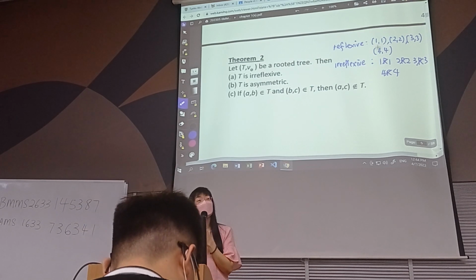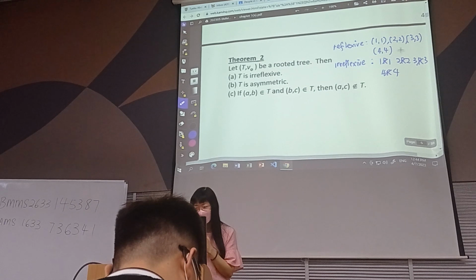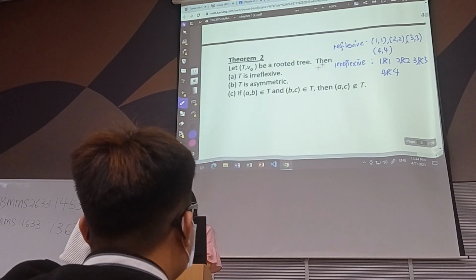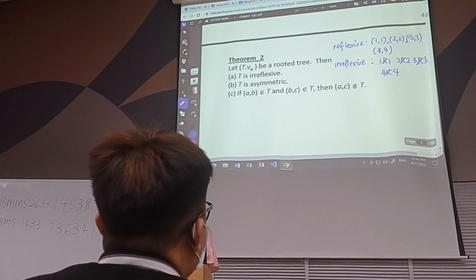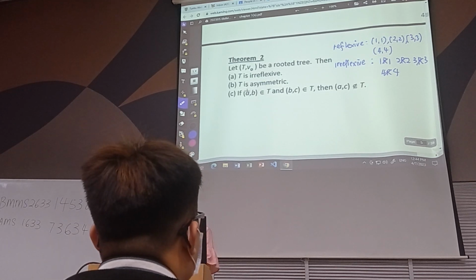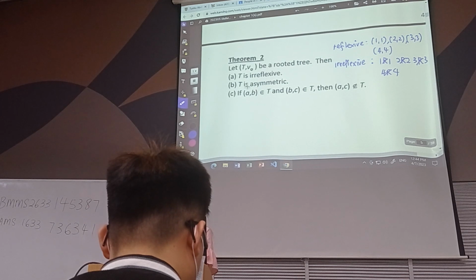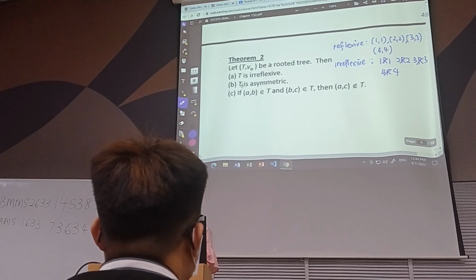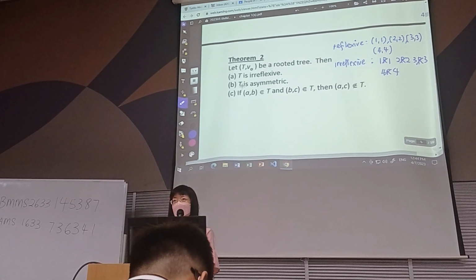Can it have a reflexive relation or not? Cannot. So for the asymmetric here, it cannot take 1, 1, 2, 2, 3, 3, 4, 4, and also cannot be a two-way relation. If you have 1, 4, then you cannot have 4, 1 for the T. That's why just now I told you it must be one way only, right?